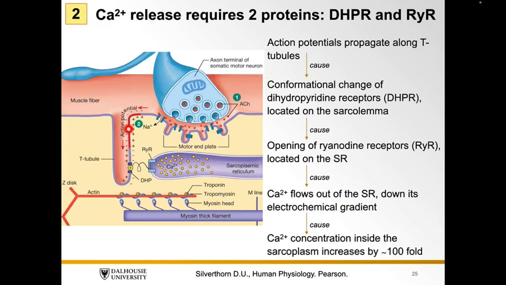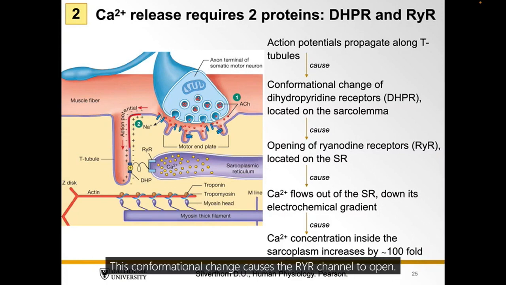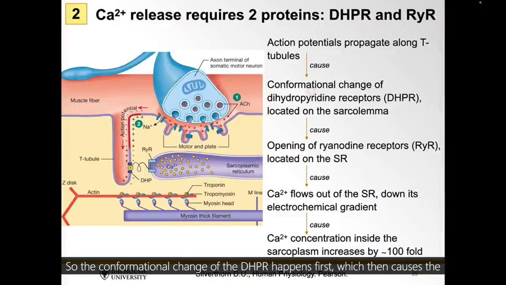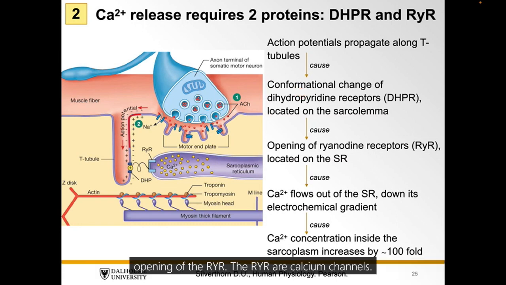So as the action potential comes down the T-tubule, the DHPR changes its shape in response to voltage. This conformational change causes the RYR channel to open. As an analogy, think about it as if the DHPR was pulling on the door of the RYR. So the conformational change of the DHPR happens first, which then causes the opening of the RYR.